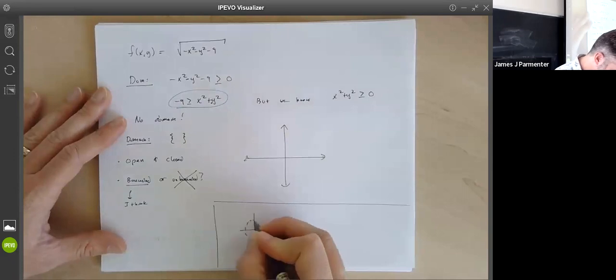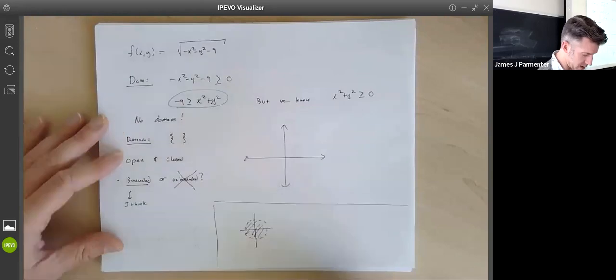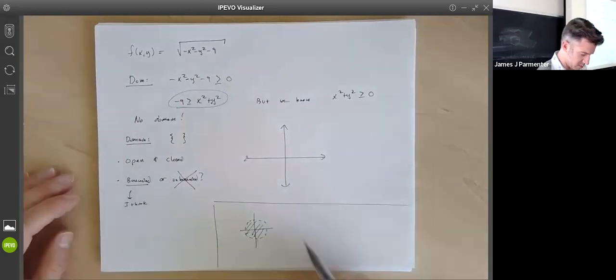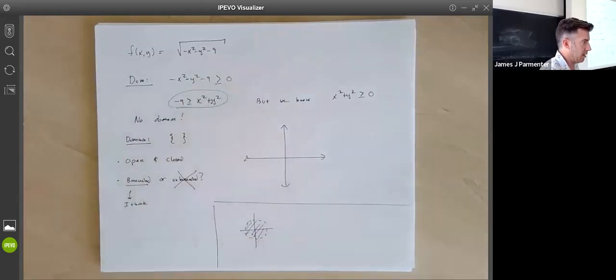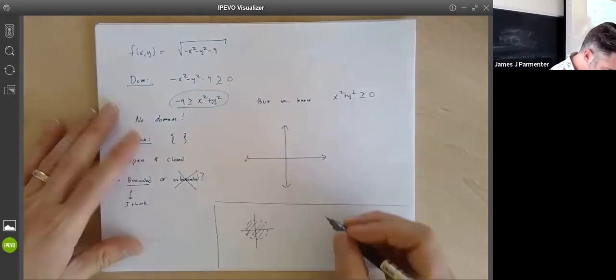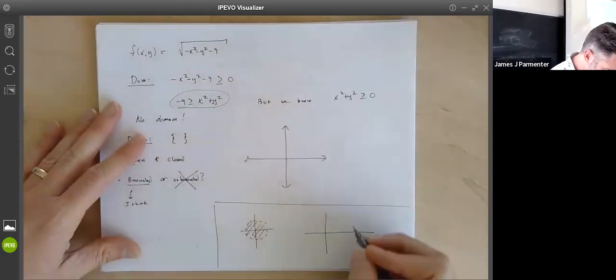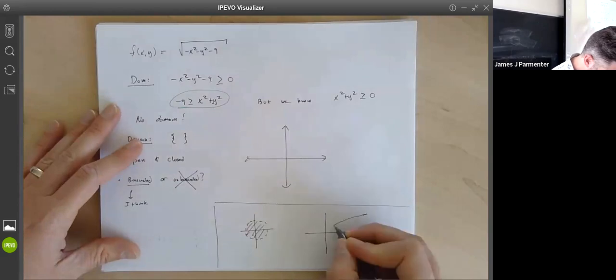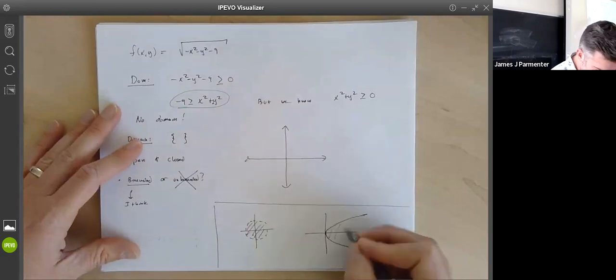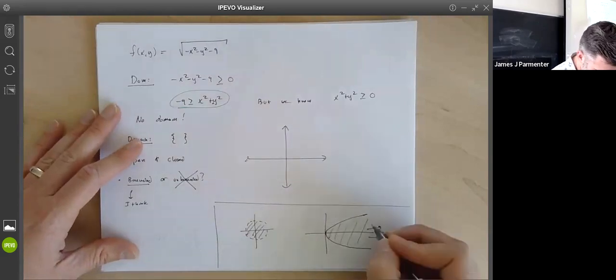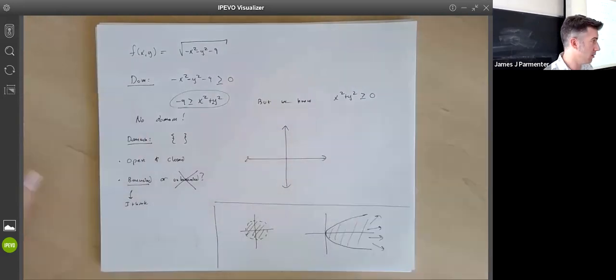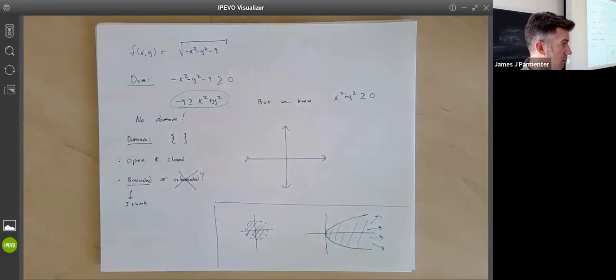This domain, definitely bounded, right? I'm stuck, I'm contained on every side. Whereas this other one we did, where it was like X greater than Y squared or whatever, I can keep going in this direction and that direction for as long as I want, right? There is no containment of X and Y in at least some direction. So that's kind of the difference.